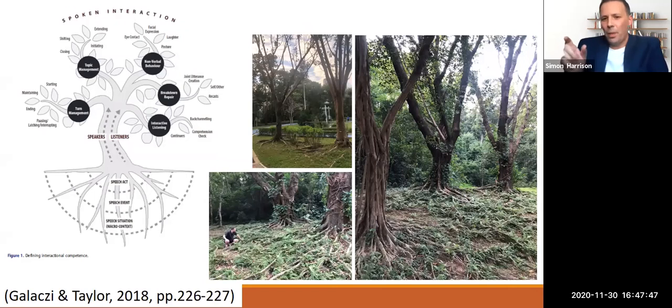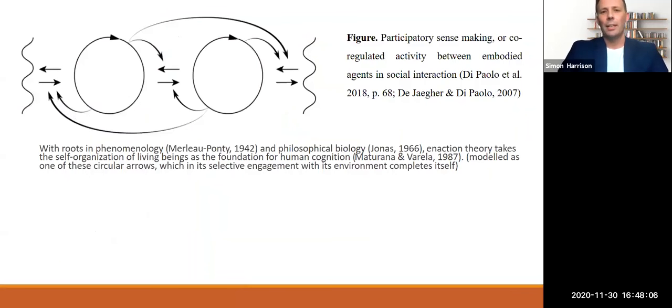And this kind of image here of the real trees is actually being modeled as a model of social interaction and cognition and language use that looks more like these trees that we see here, rather than the tree that's been taken in the models of interactional competence. So it looks something like this, and this is a model of participatory sense making that's been developed in embodied cognitive science.